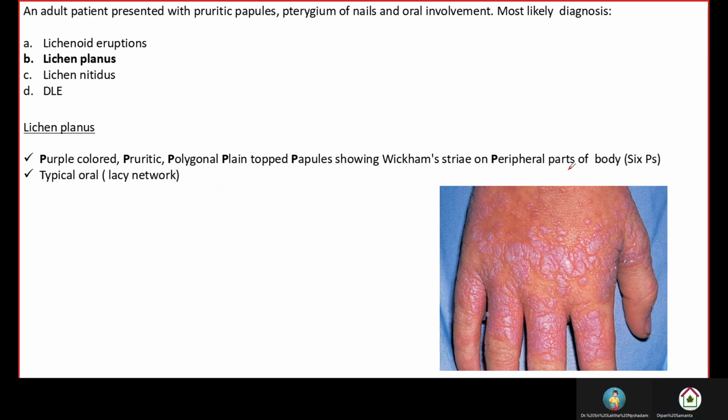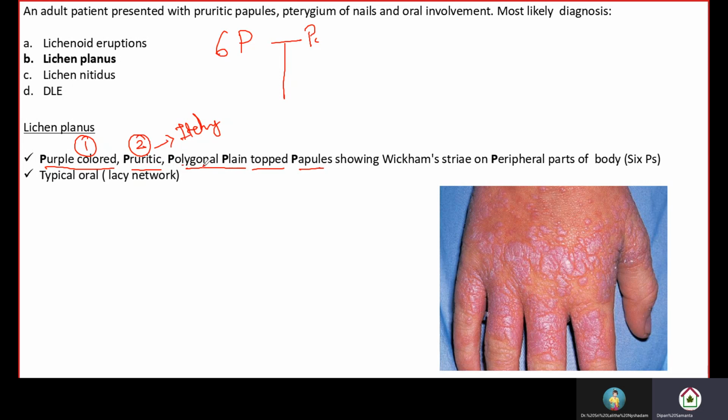In case of lichen planus, it is very easy to diagnose if you go by the clinical features. Always remember 6P. Number one, purple colored. Number two, pruritic, meaning itchy skin. Number three, polygonal, plain topped papules.